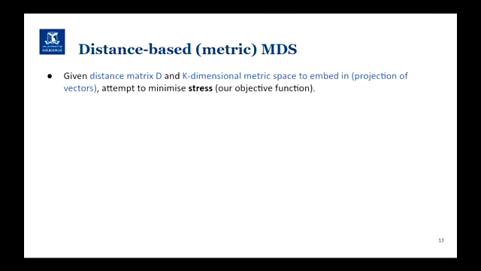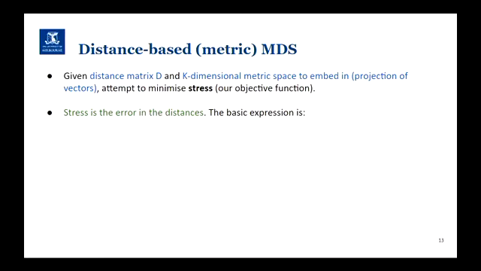It starts with a distance matrix or a dissimilarity matrix and a k-dimensional metric space to embed in. It is either a 2D or a 3D space. And what we want to do is to minimize the stress, which is our objective function. And there are different ways to optimize a given function. So stress is basically the error in the distance.